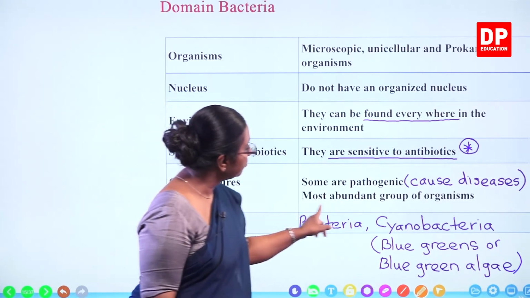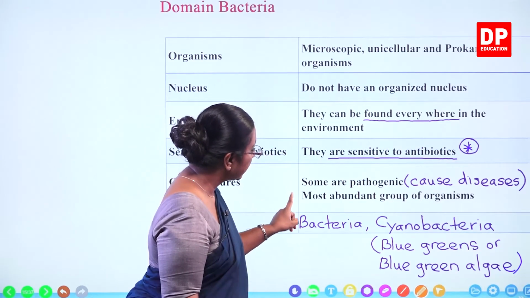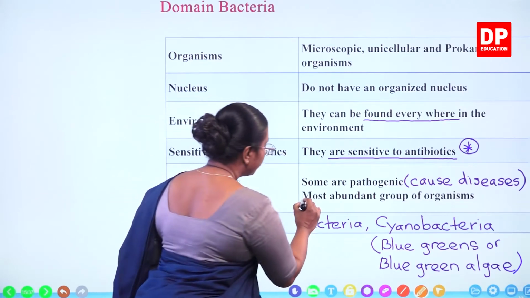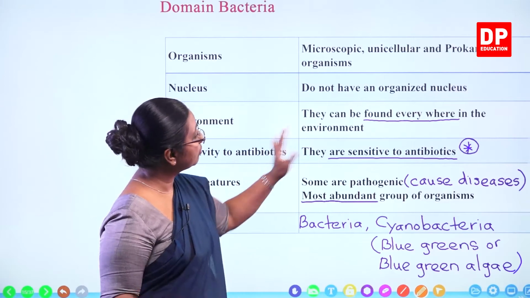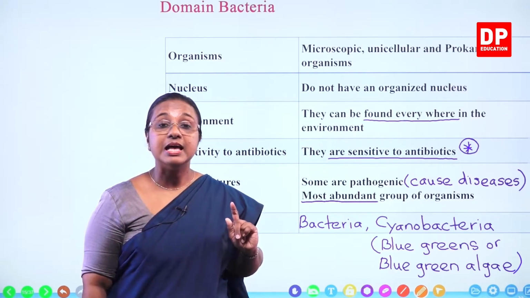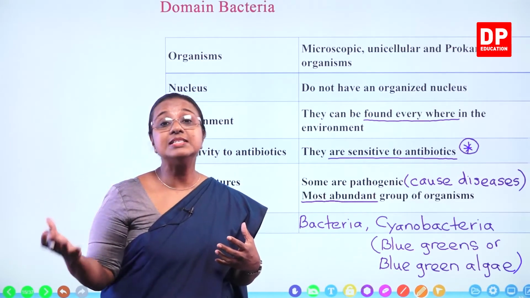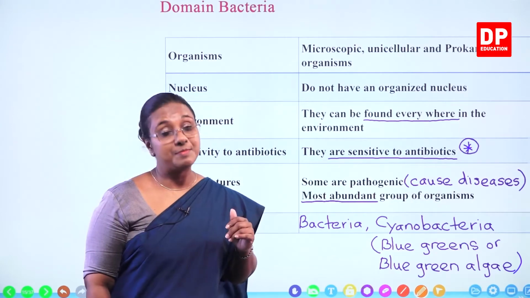And then if you look at the other features, they are the most abundant group of organisms. So most abundant, they are spread throughout the environment, throughout the biosphere, everywhere in the environment, and you can find them abundantly. The number is high. So that is a feature of domain bacteria.